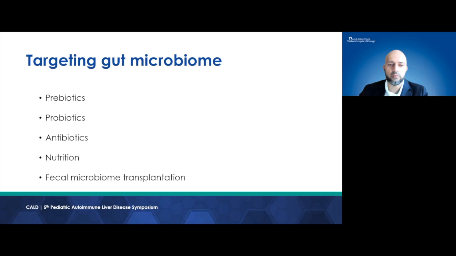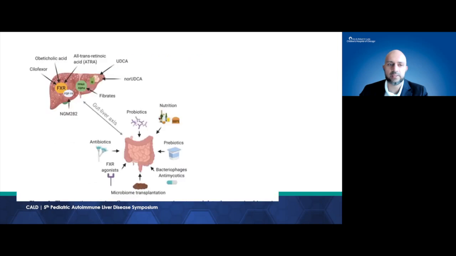FMT, or fecal microbiome transplantation, has been shown to reduce damage in mice with alcoholic liver disease, and high-fat intake in mice leads to gut dysbiosis and reduction of butyrate-producing microbes in favor of the formation of LPS through gram-negative bacteria, which leads to increased inflammation. So these are all targets that can be used to improve outcomes in PSC.